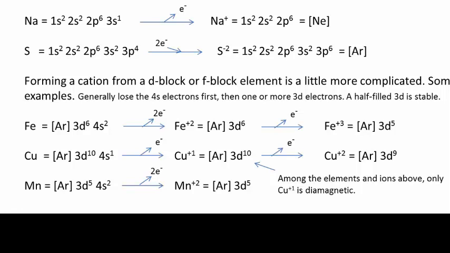Copper. If you remember, something funny happens with chromium and copper. Copper is argon 3d10 4s1. It tends to lose 1 electron very easily to form copper +1, and if it does so, it of course loses that 4s1 electron to give argon 3d10 as copper +1. It can on occasion lose a second electron to form copper +2.